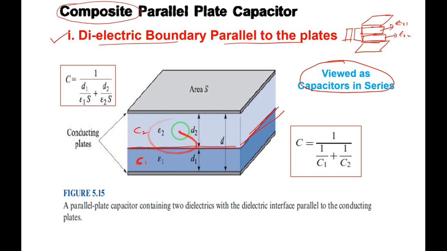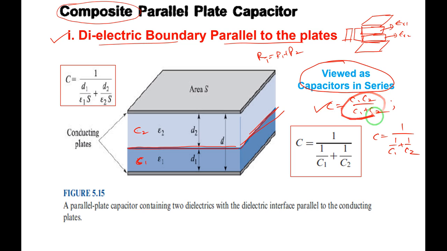Two capacitances are there in series, so C is equal to C1 C2 by C1 plus C2. If resistances are in series, we add them, R total equals R1 plus R2. Please keep that in mind. If capacitors are in series, then 1 by C is equal to 1 by C1 plus 1 by C2. If you take the LCM, C equals C1 C2 by C1 plus C2.